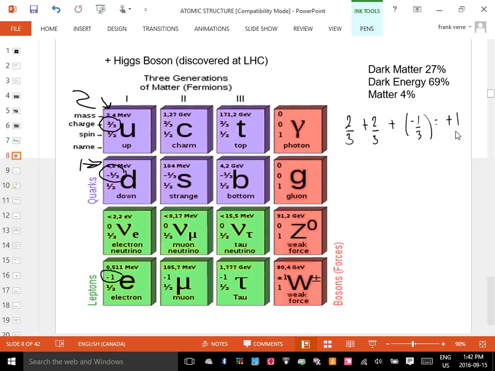And what's the charge of a proton? It's plus 1. Whereas a neutron is 1 up quark plus 2 down quarks, and that adds up to 0, because a neutron is neutral.